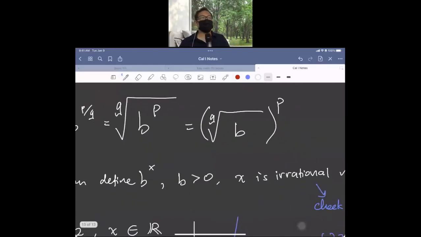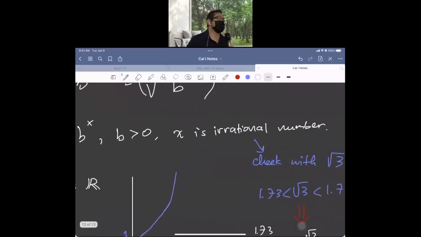So how to do that is we check with some of the irrational numbers and do some approximations.